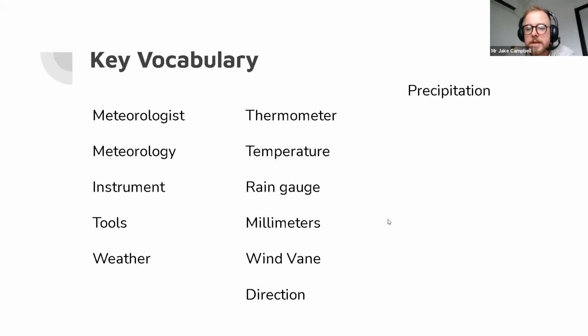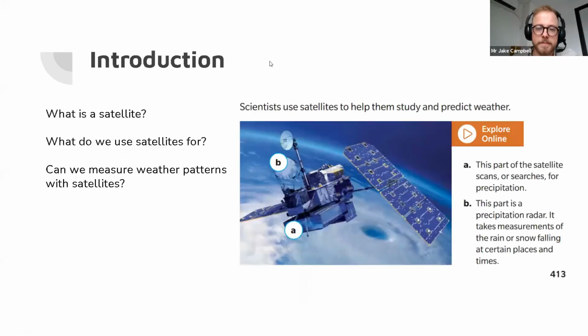Okay, fantastic. Zaling, we measure with a wind vane? Direction. Perfect. Well done. Hannah, what is the scientific word for when rain, snow, sleet, or hail falls from the sky? Precipitation. Perfect. Well done. Okay. Good little roundup on the vocabulary.